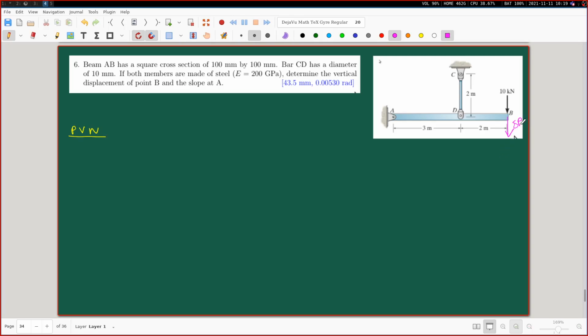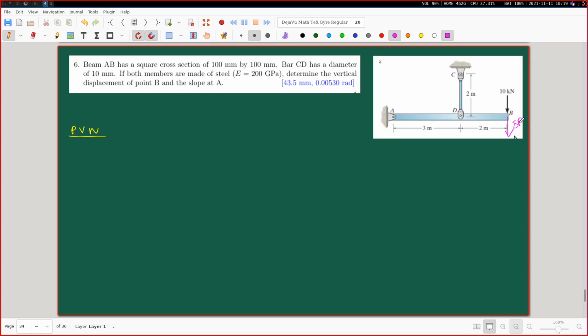Please remember that when I am applying this delta P, I am not considering the existence of this 10 kilonewton, because that was the first step of our algorithm, that we remove all the external loading, and on that unloaded body we apply the virtual force of unit magnitude or the virtual moment of unit magnitude. Here we are interested in the deflection, that is why we are applying the virtual force of unit magnitude.